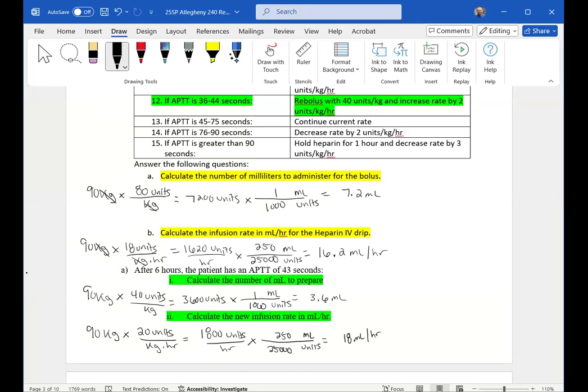Again, do those answers correlate with the key? Oh, okay, you didn't have the extra 2? No. Okay. Like I said, I don't think you need to worry about those. I don't know that in all the semesters that we've had this on the test, I think it's always been calculate the initial infusion rate, calculate the initial bolus, and the only thing that really changes is the patient's weight.